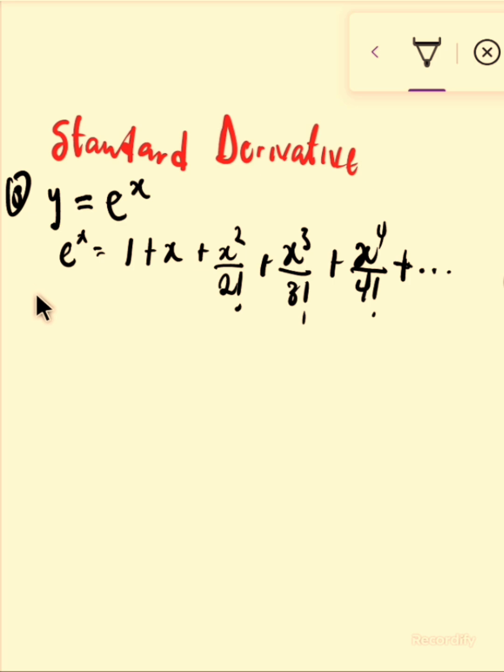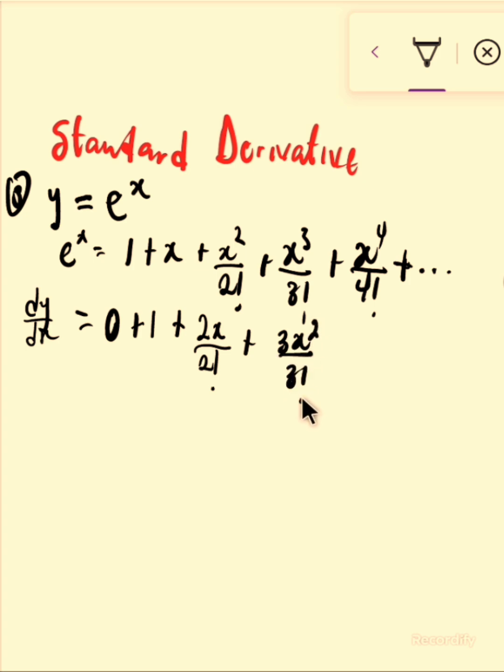Differentiating a constant with respect to x gives us 0, and differentiating x with respect to x gives us 1. Differentiating x squared gives 2x over 2 factorial, plus differentiating x cubed gives 3x squared over 3 factorial, plus 4x to the power of 3 over 4 factorial, plus dot dot dot.